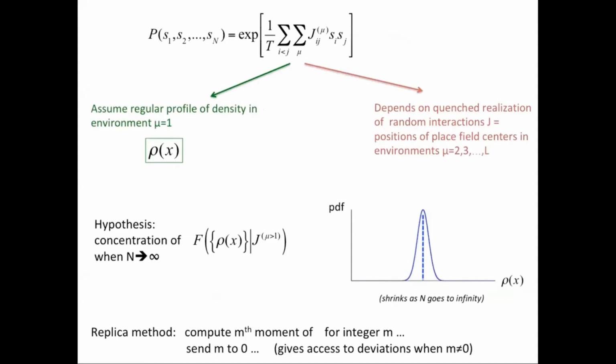But what makes this model complex is that we have a superimposition of different ferromagnetic matrices which are not compatible with each other. Because two neurons which interact together with a positive coupling, which are close to each other in environment mu equal 1, may be far away and have a negative contribution in environment 2. So that creates some kind of frustration.